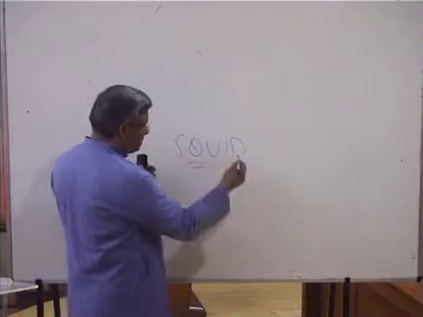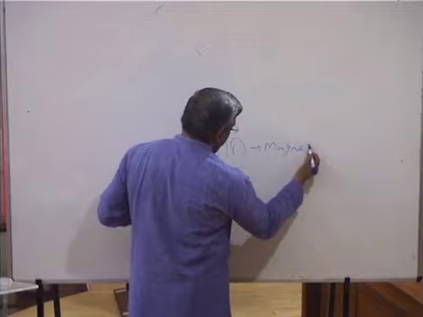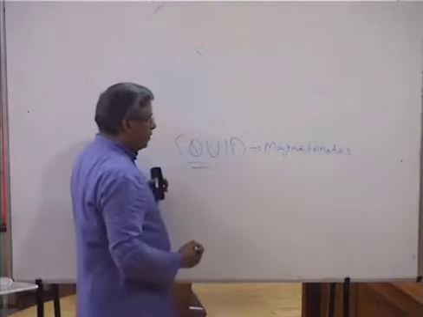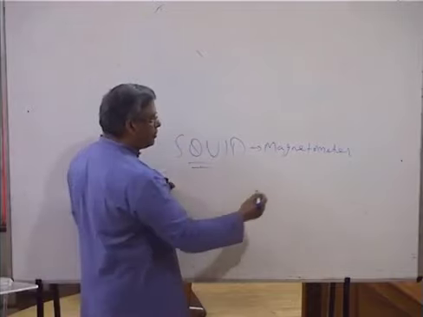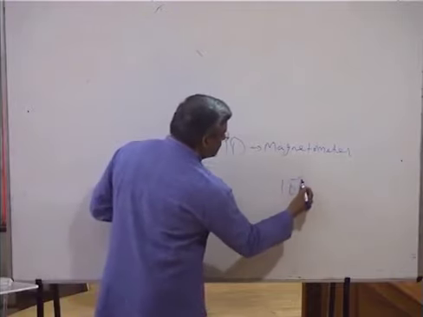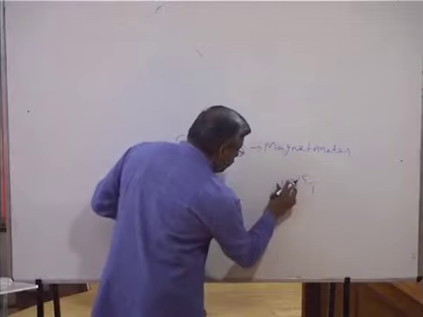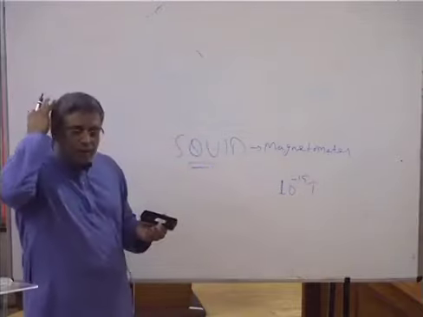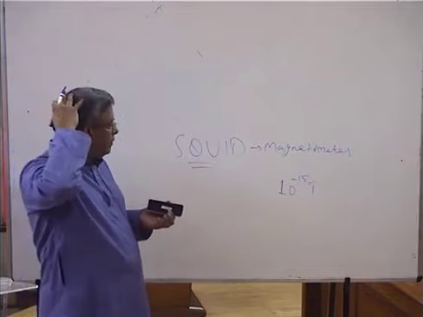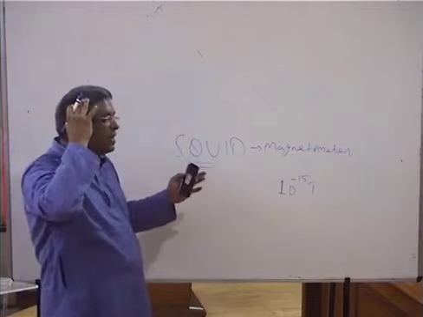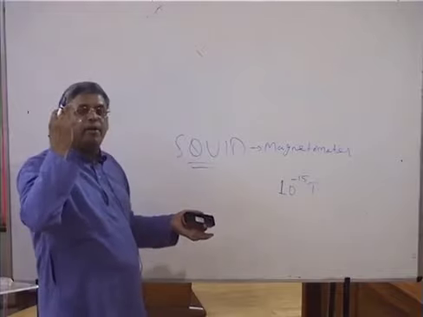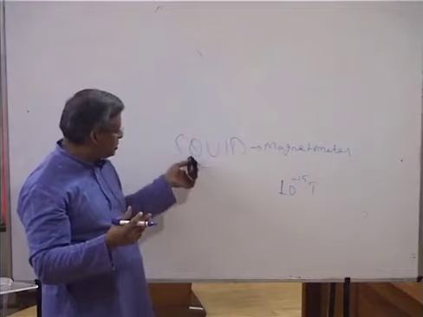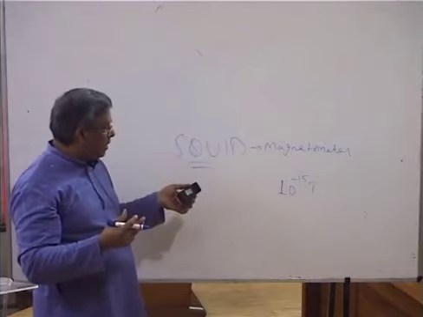This device is a magnetometer, which means something which measures the magnetic field, down to the range of 10 raised to minus 15 Tesla. A small magnetic field it can measure. For example, when you think with your brain, there's a magnetic field of approximately 10 raised to minus 15 Tesla. This can be captured by this cute device, which is called a SQUID in short form.